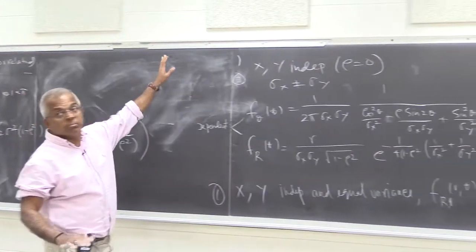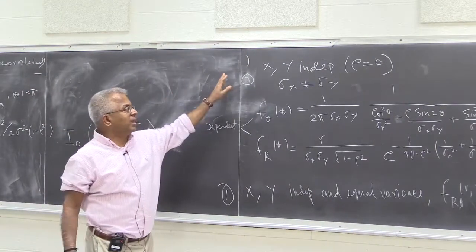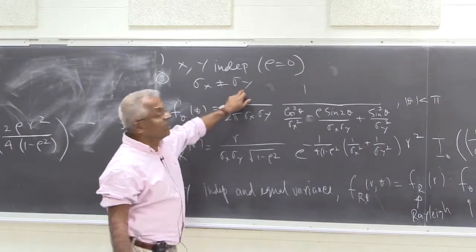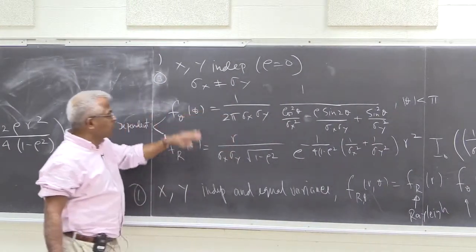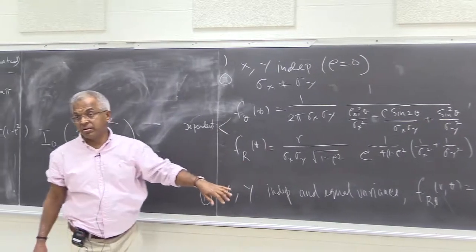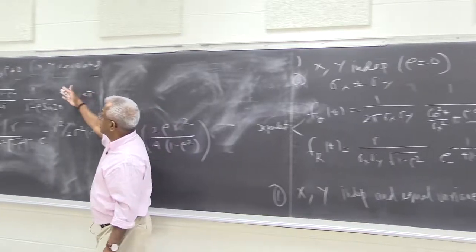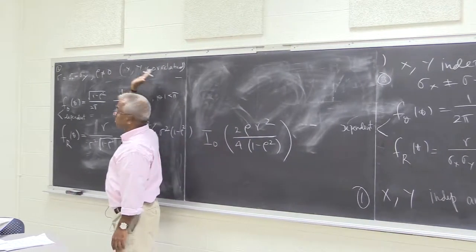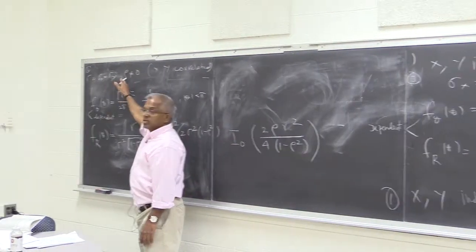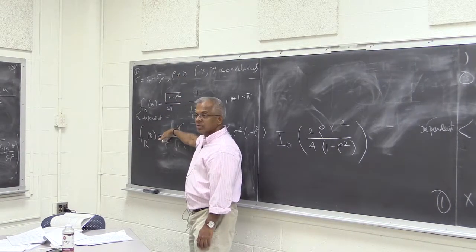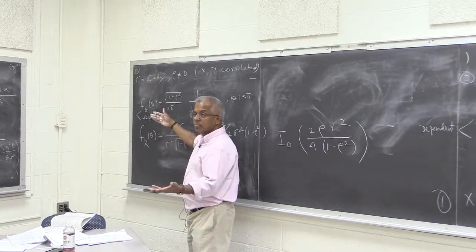If any of the assumptions are violated, even if x and y are independent but their variances are unequal, the magnitude and phase are not independent. They are dependent, and in fact a big mess. And the same thing here: even if they have equal variance but are correlated, the magnitude and phase are dependent.